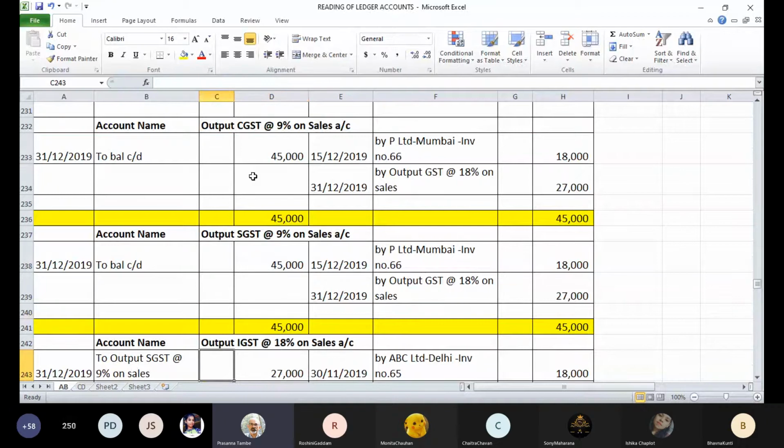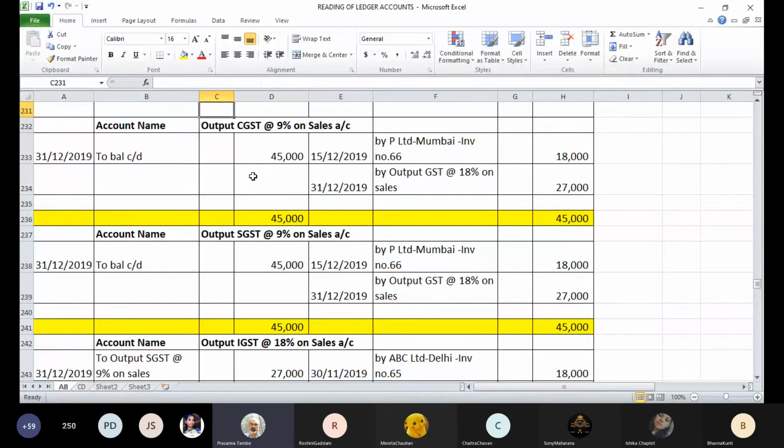Now, why are we calling this output IGST? It is for identification. This is the GST on sales, and sales is your output, and therefore we are calling it output GST. If it is a purchase, we call it input GST. Then you will have input SGST, input CGST, or input IGST accounts.